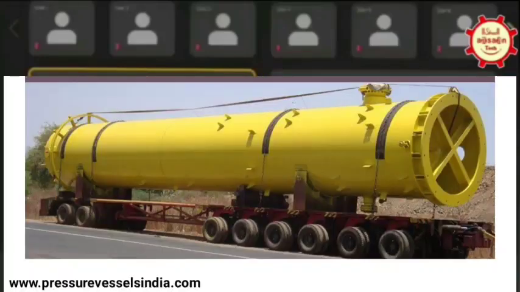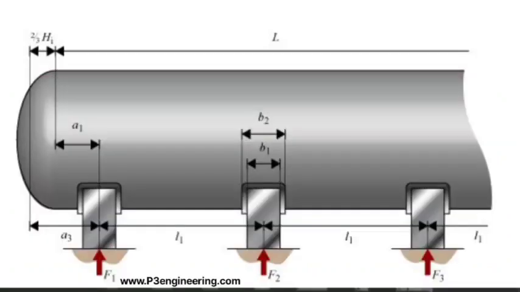Abhishek or Anshu, do you want to add something on this? He wants to know about adding a third saddle in a horizontal vessel. Actually, he has a long vessel and is adding more than 2 saddles. The third saddle in PVElite does not give correct results.